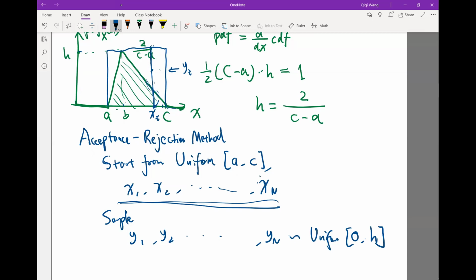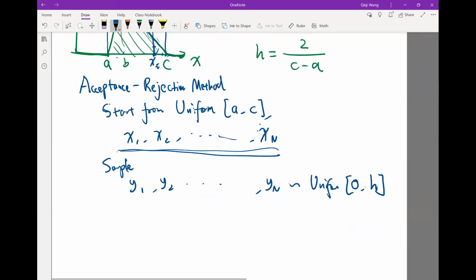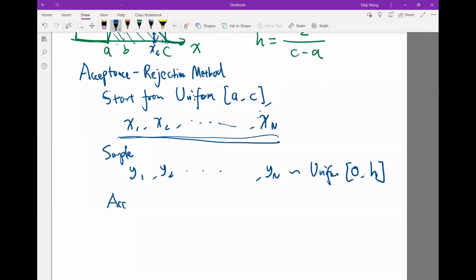I'm only going to collect a particular xi if the sampled yi turns out to be lower than the desired distribution. So I'm going to accept xi if and only if my yi is less than the PDF at xi.